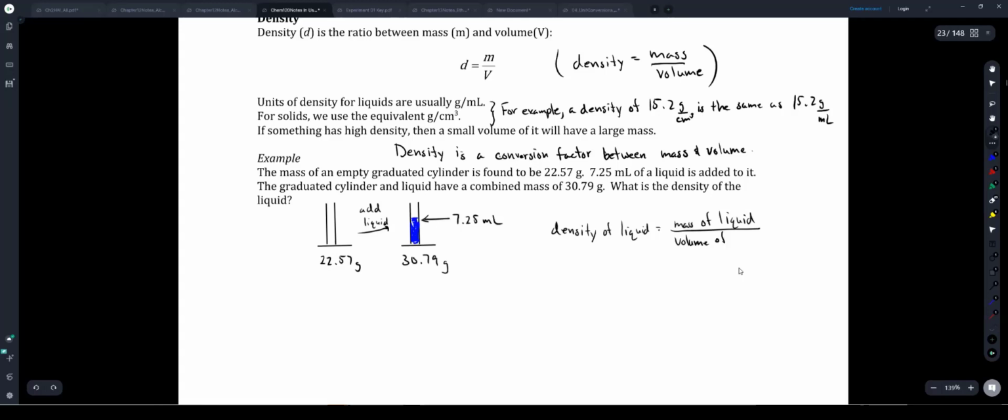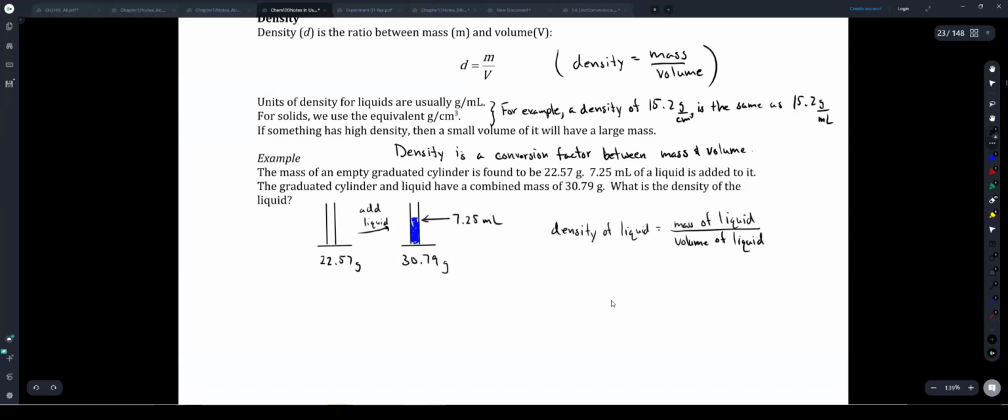It has to be the same substance. There's two things in this picture, though. There's not just the liquid, there's also the cylinder, the container. So make sure that you don't count the container. You can't count the container.